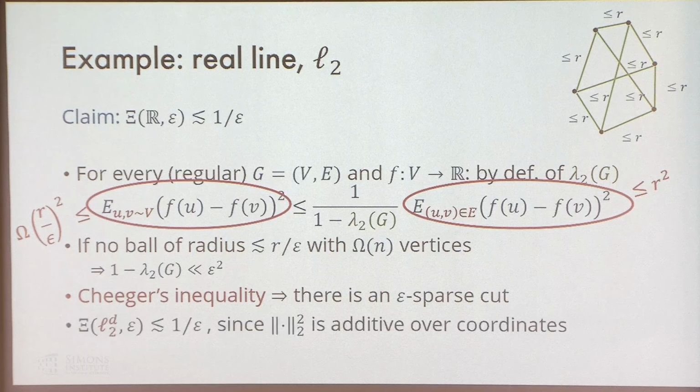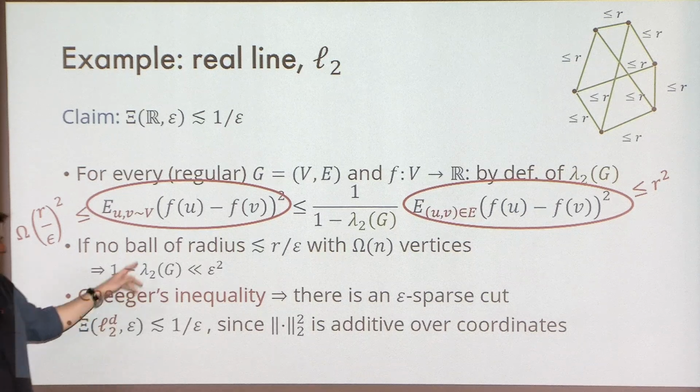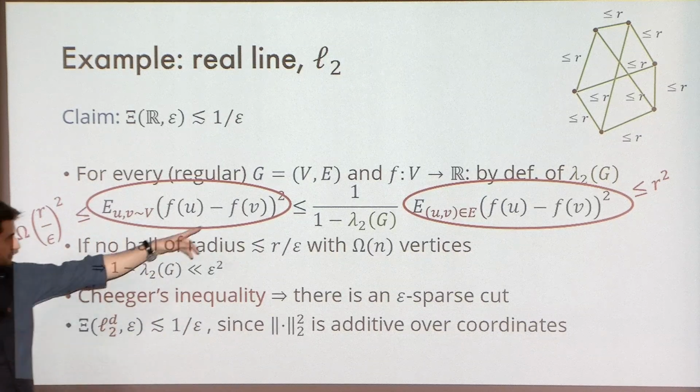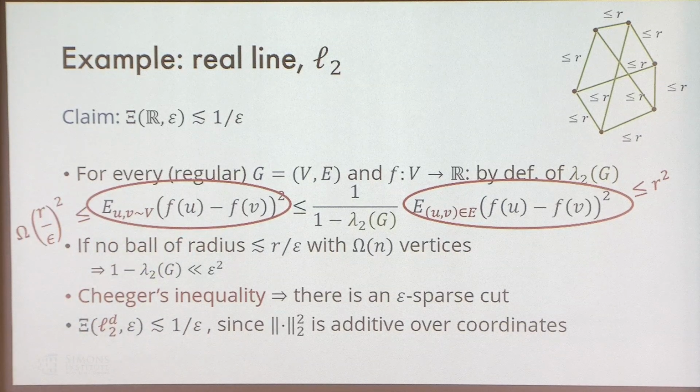Okay, and once we've proven this, we immediately get the same statement for Euclidean space as well. Just because L2 squared is additive over coordinates, we have squares here, so we get exactly the same upper bound on Xi for Euclidean space as well. Yes? But Cheeger is not tight, right?